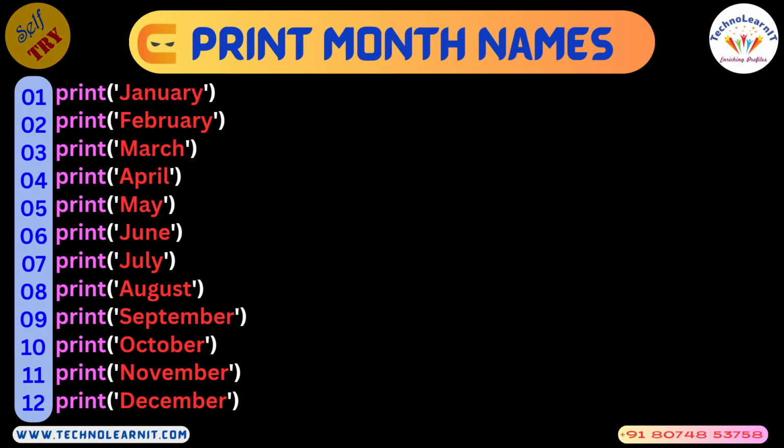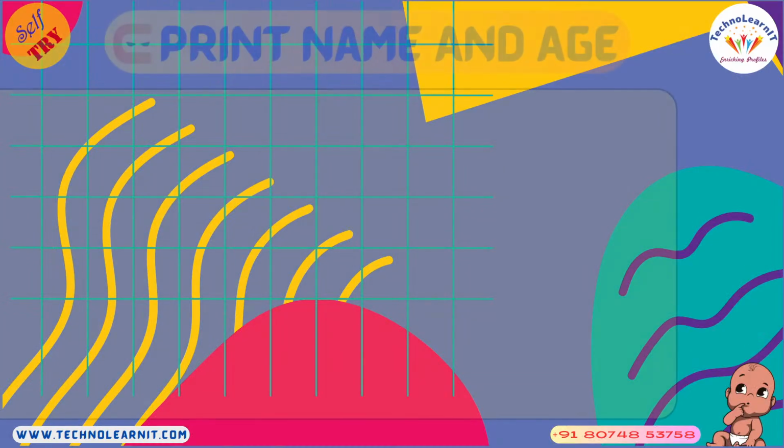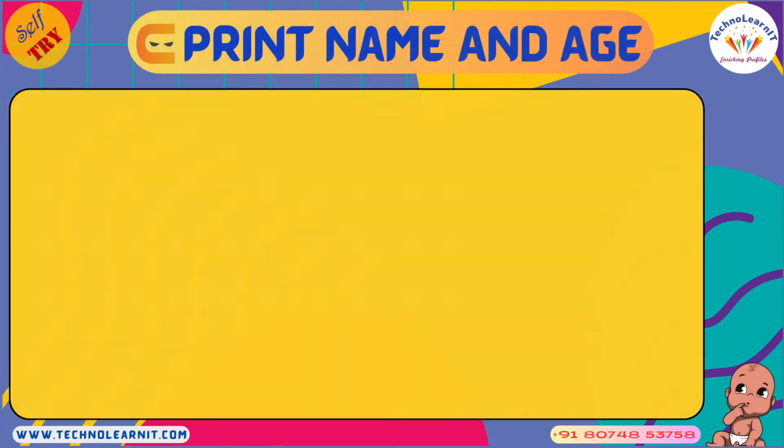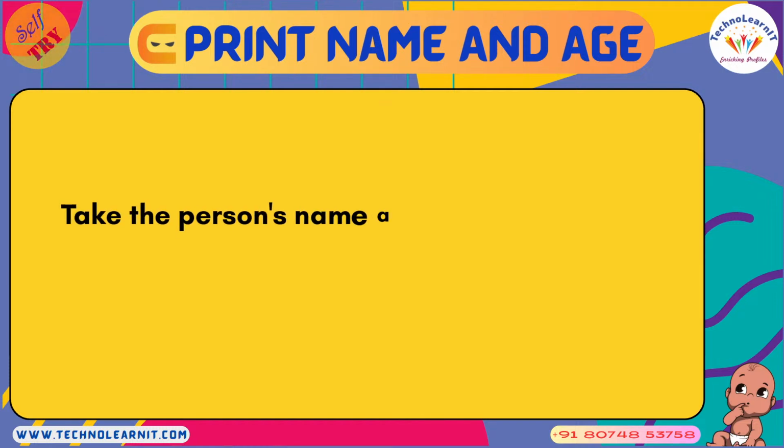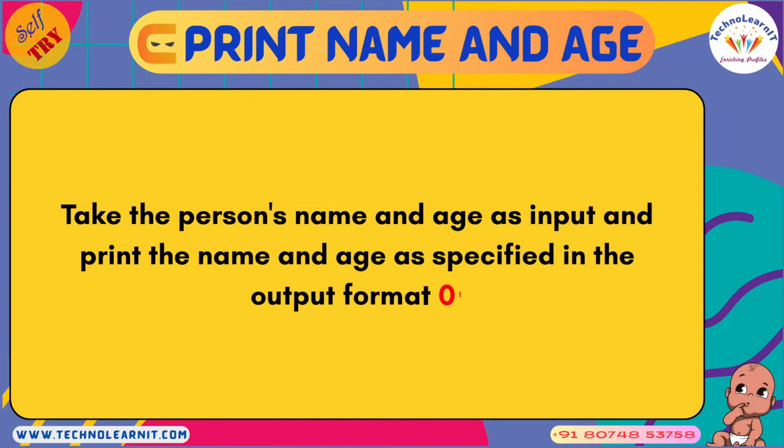All right, let's move on to the next program of the session. This is to print the name and age of a person. And if you look at this program, what it asks us is to take the person's name and age as input and print the name and age as specified in the output format.